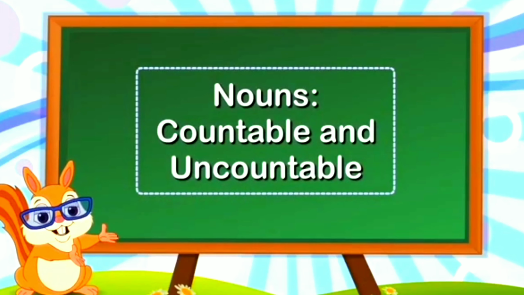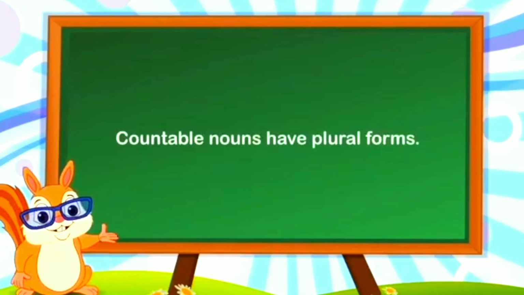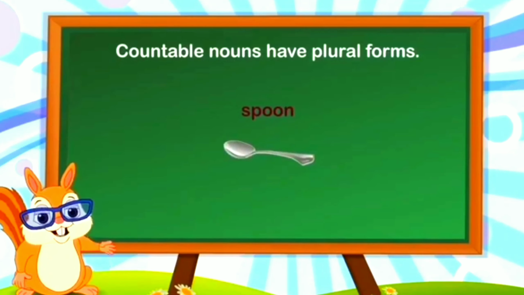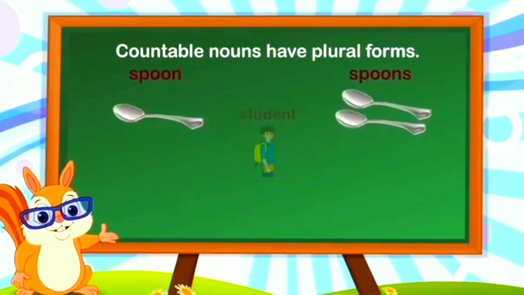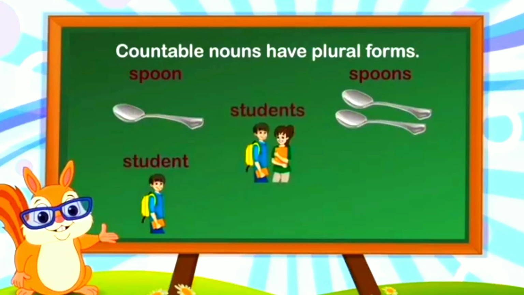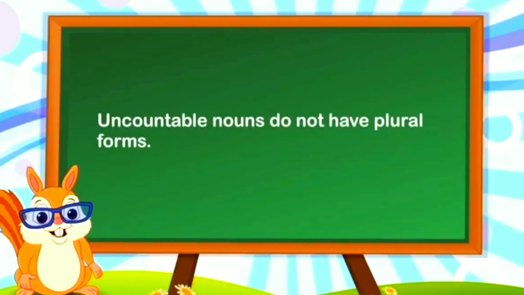Now, let us revise nouns countable and uncountable. Countable nouns have plural forms. For example, spoon, spoons, student, students.